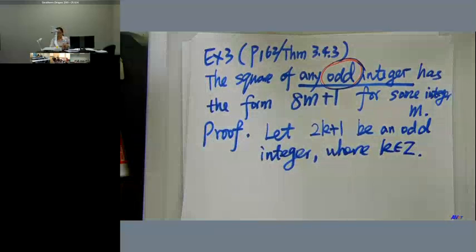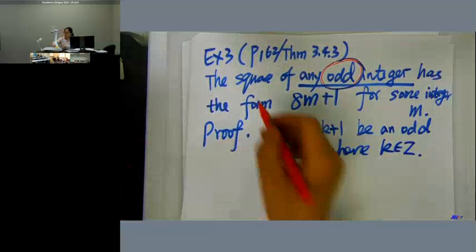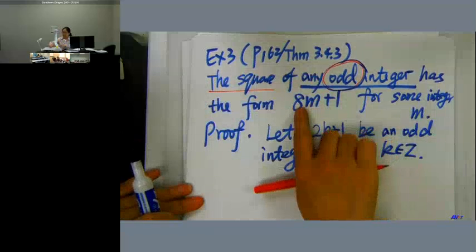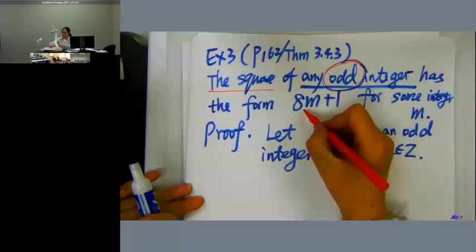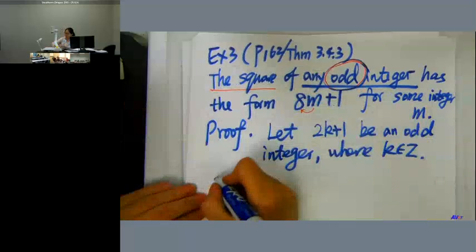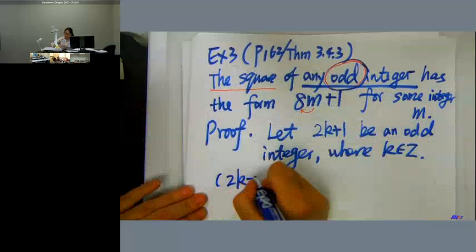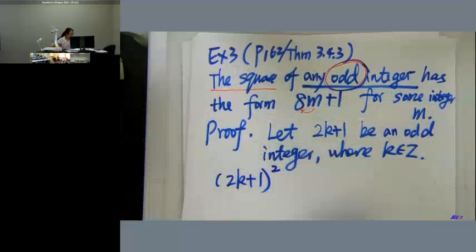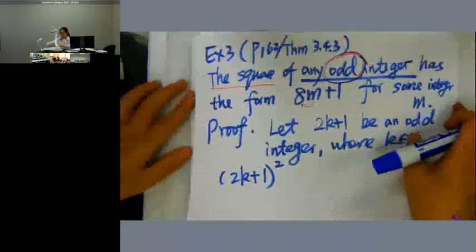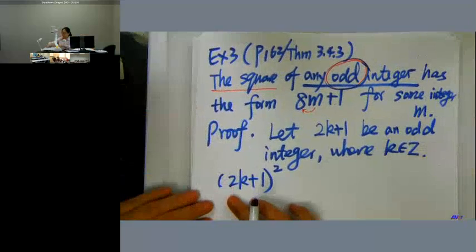All right, now we want to show the square of this odd integer is 8m plus 1. What does that mean? It means it's a multiple of 8 plus 1. So that's what we need to show. We take 2k plus 1 squared. I think the way I'm doing it is slightly different from the textbook. I want to show you a different way maybe after this if I have time today. So first we're going to do it this way.